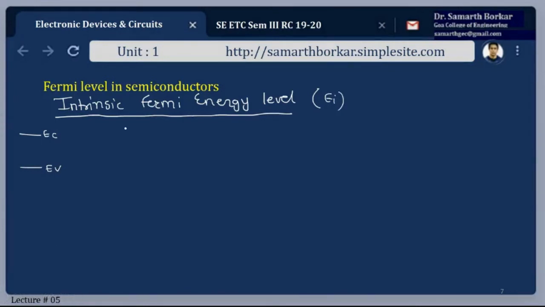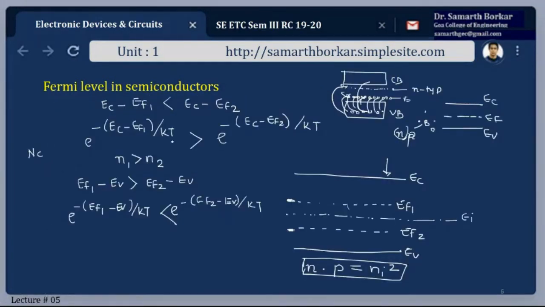We are studying this topic for some reason. What is that reason? Here, this is a function of EF1 and EF2 and so on. Now we are going to replace EF1 and EF2 with a single quantity, EI. That will make the calculation much simpler and easier for us to understand.